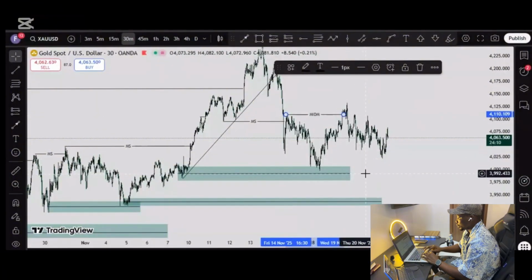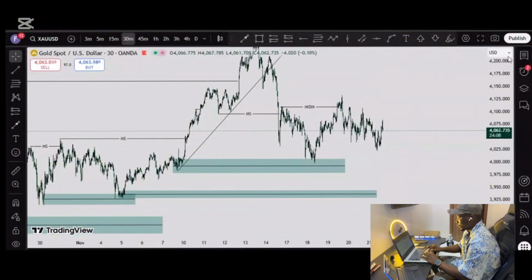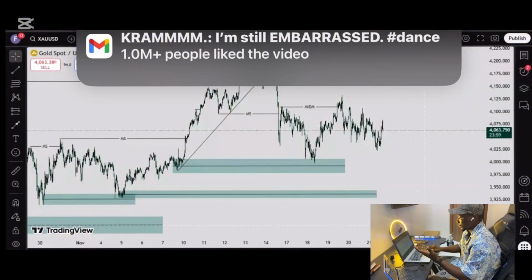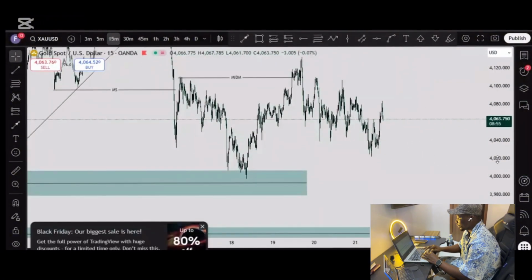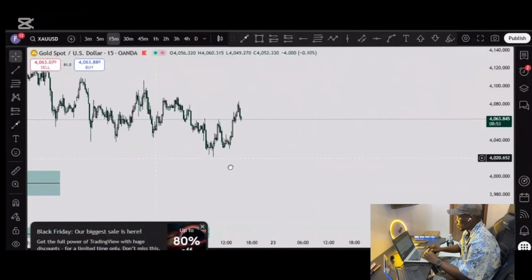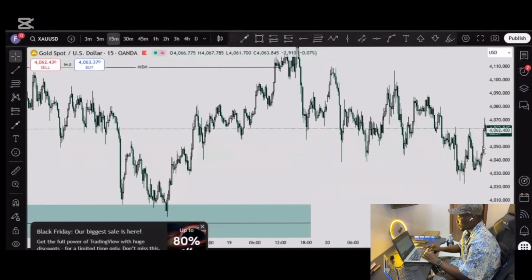This was a major engagement for the market to push all the way down, because I already know for the sentiment that okay, XAUUSD is bearish, so gold should be bearish. That was my analysis.